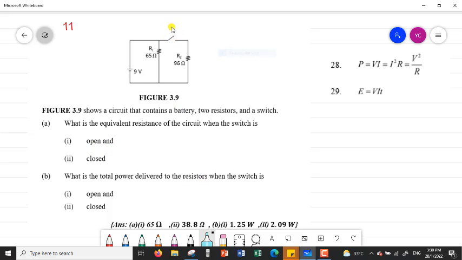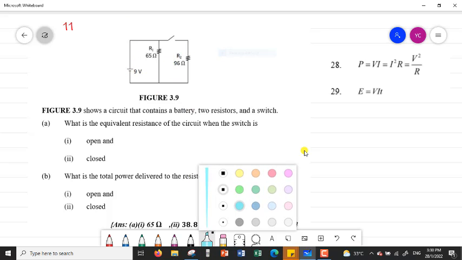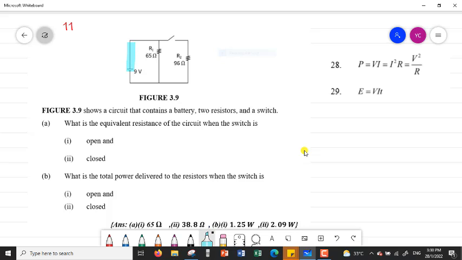So class, when the switch is open, we are not connected to R2, whereby the complete circuit is only this one. Okay, I highlight it. So this is the complete circuit when the switch is open. So R2 is not connected.